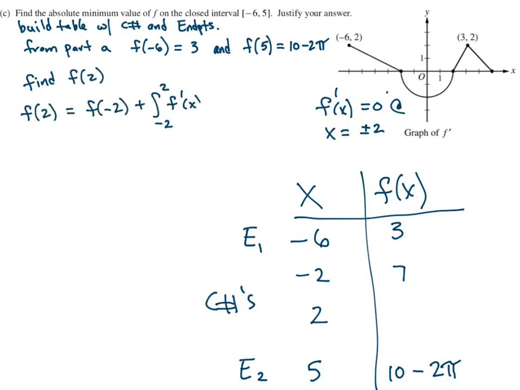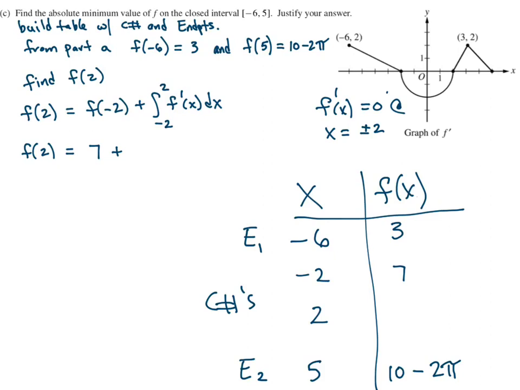I have to do pretty much what I did in part A, make 2 my upper bound, and you're still using this starting value at -2 plus my change in f prime, and that'll equal this f of 2. So f of 2 would equal 7 plus whatever that integral is. Once again, using geometry, and I am just going from -2 to 2 on this.